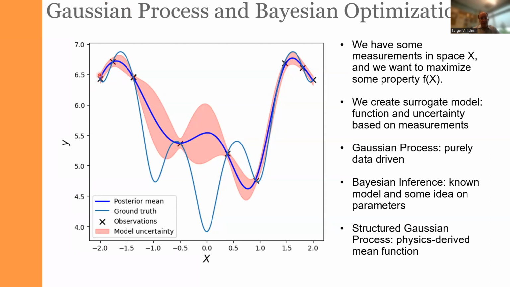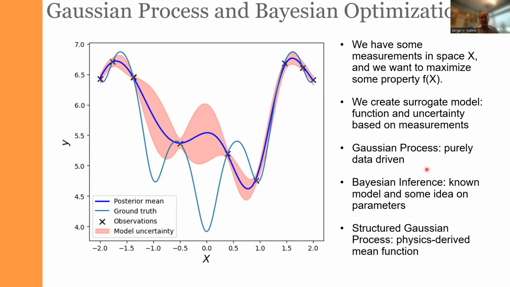Going back to the situation when x is strictly scalar and y is strictly scalar, the Gaussian process works as follows. We start with several measurements. Based on these measurements, we try to reconstruct our function and its uncertainty. The classical Gaussian process is purely data-driven.